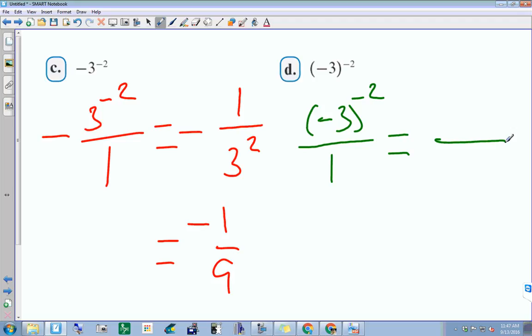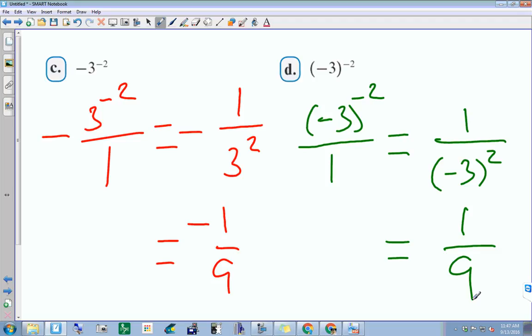So this negative 3 goes down to the bottom, but becomes squared now. And we got 1 on top. Remember, the negative inside a parenthesis stays with it. So this turns out to be 1 over, what's negative 3 squared? Well, what's negative 3 times negative 3? 9. Cool. And that's it.